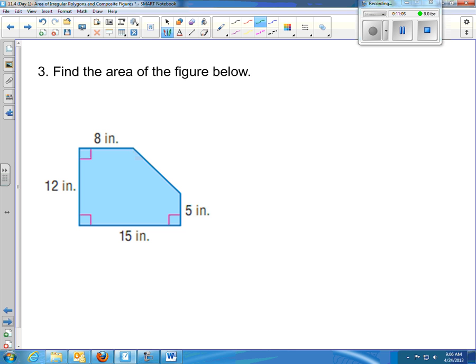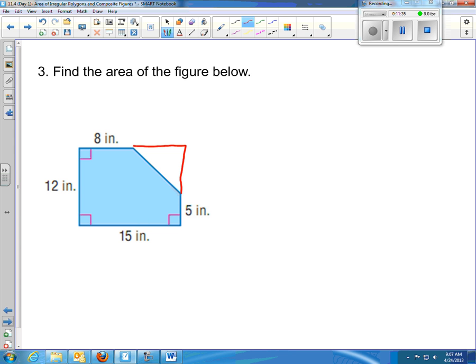Another route we could do would be to drop down here, and again we can have a rectangle and a trapezoid, or break that into a triangle. And the last way we could do this one is to actually add something outside of our figure and make this an entire square, or a rectangle, excuse me, and then subtract out that area. So lots of ways we could do this one, and let's do it this way and pop it out.